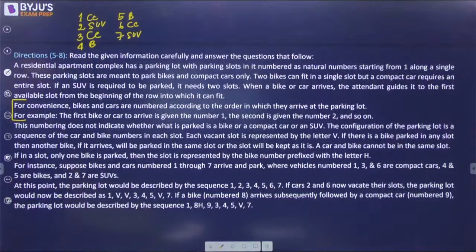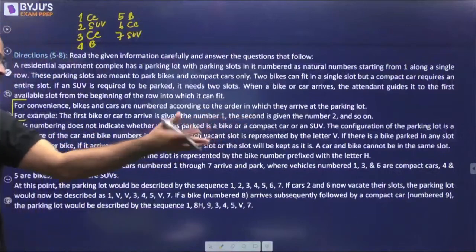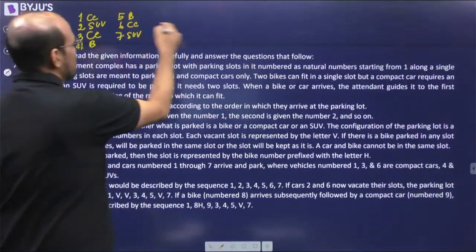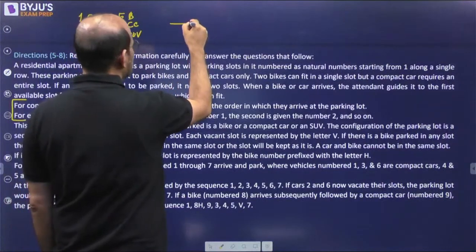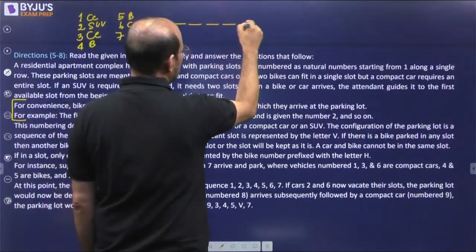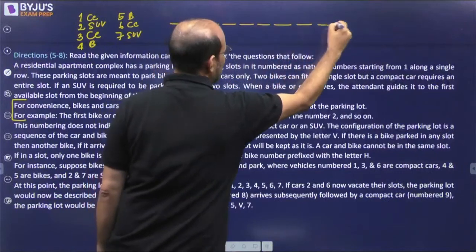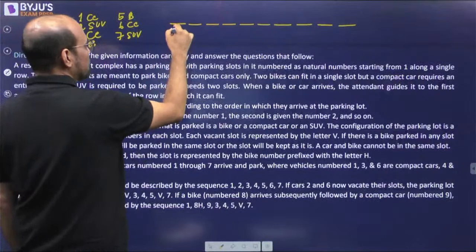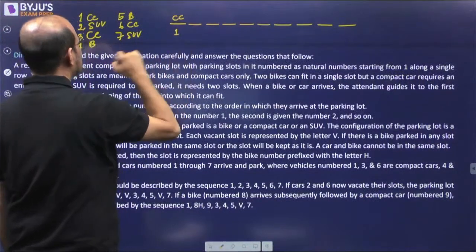So what will happen? The sequence is going to be written as 1, 2, 3, 4, 5, 6, 7. These are the token numbers issued. Now, this is the first parking slot. This is the second, third, fourth, fifth, sixth, seventh, eighth, ninth, 10th, and so on. Pehla goes in the first, a compact car.